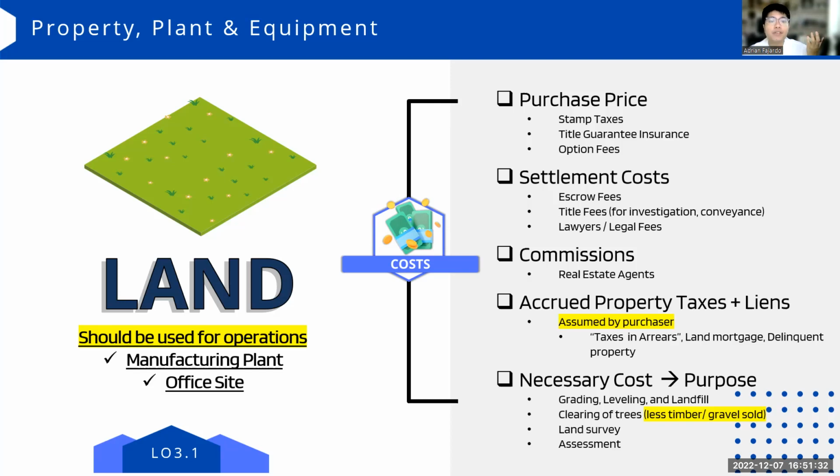So if you spend 50,000 in clearing of trees, then that should be included in the cost. But you have to subtract if you sold timber or gravel. So, for example, my current cost of land is around 1 million. If I cleared trees and spent an additional 100,000, my land value should be 1.1 million.